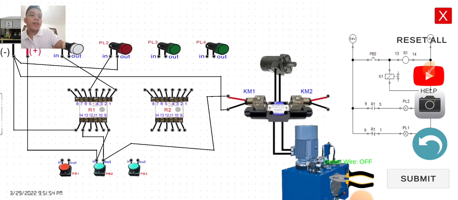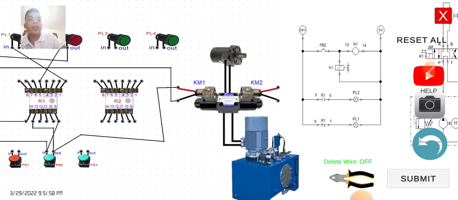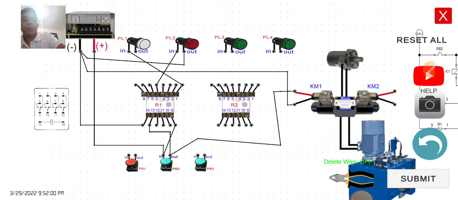And then the last is the output of the PL1 to the 0 volts.